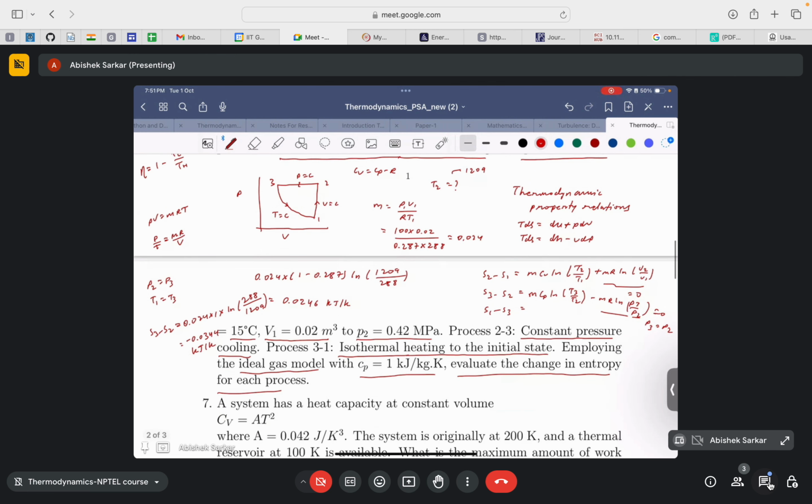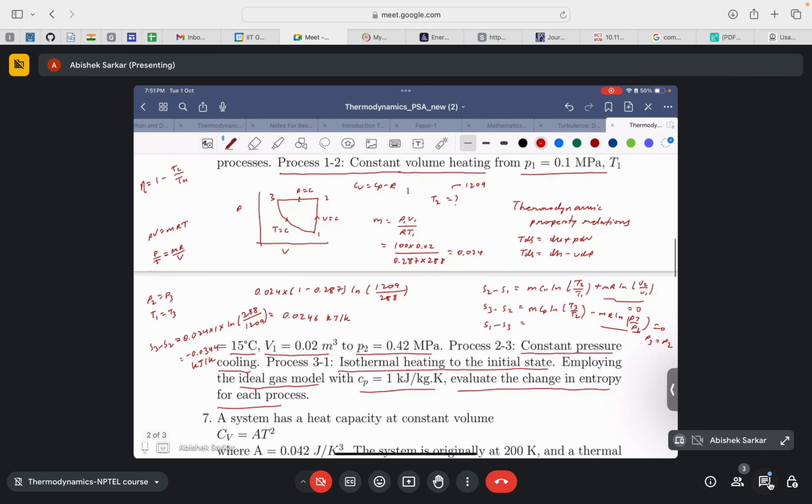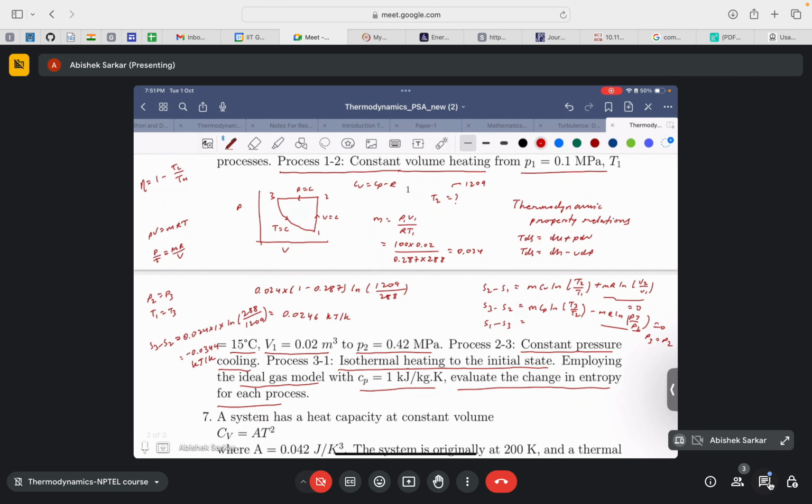Okay, so the last is S1 minus S3, isothermal heating to initial state, right? So now again you can consider either of them. So let us consider the first one. What do we have? I guess we have all the terms, so we can use either of them, right?